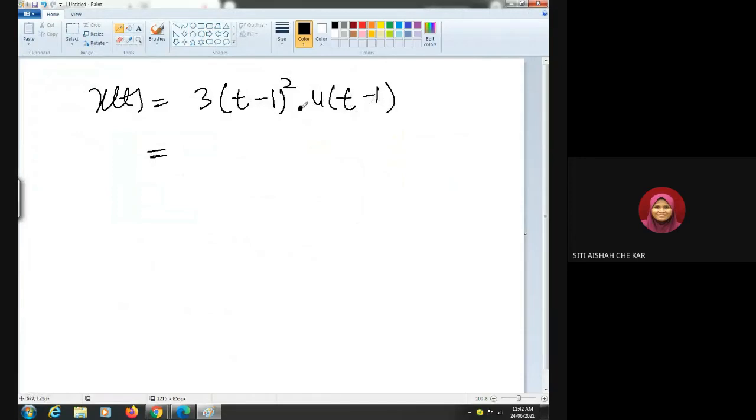So, you punya soalan akan jadi okay, so Laplace dulu yang ni. Laplace dulu 3t square. Tu dapat apa? Apa? 3 darab 1 over S minus 2.